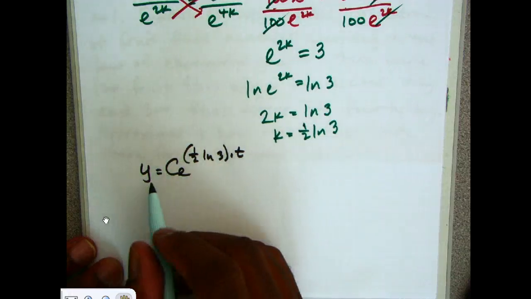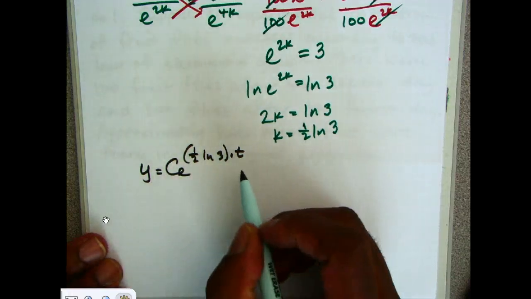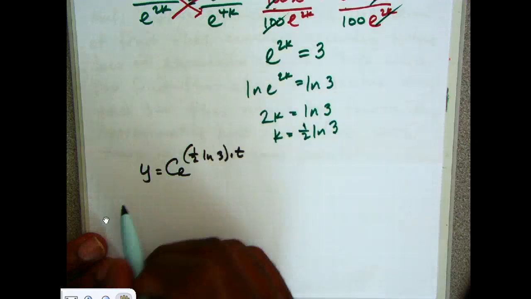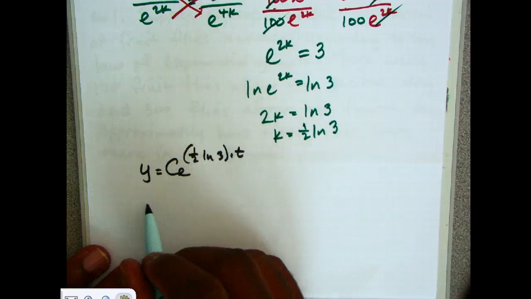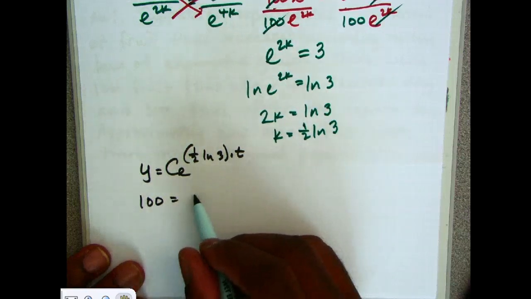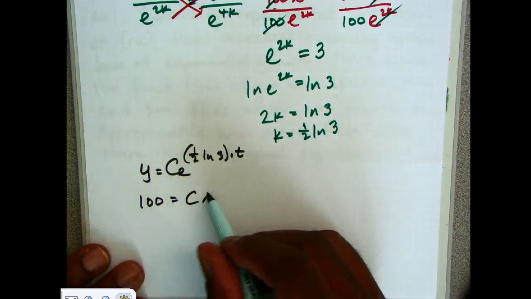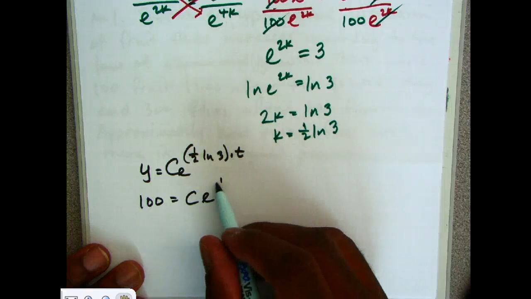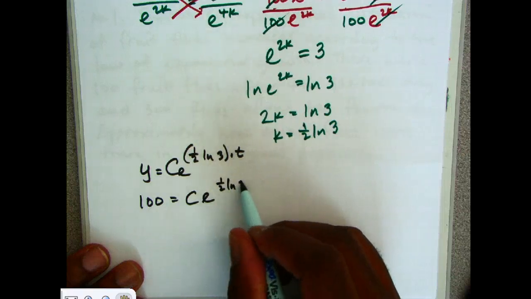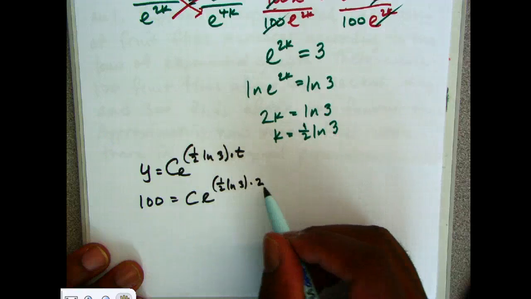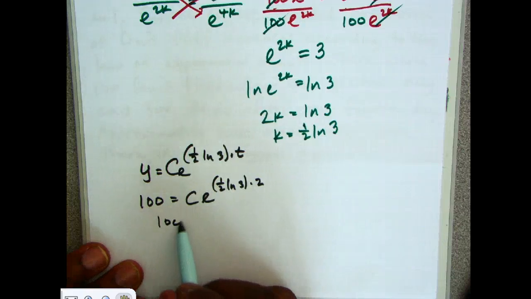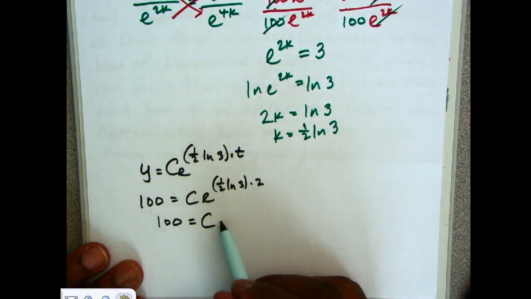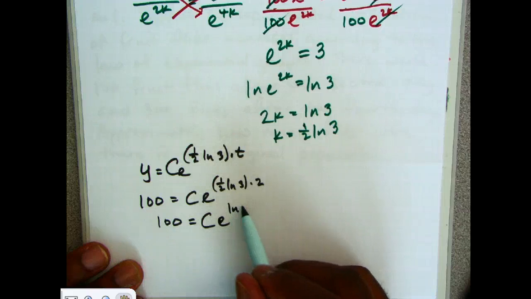We use the 100. So after 2 days, when t is equal to 2, we know we have 100 flies. So when we set this up, we say 100 is equal to c e to the 1/2 natural log of 3 times 2. Well, 2 times 1/2 is just 1, so we get 100 is equal to c e to the natural log of 3.